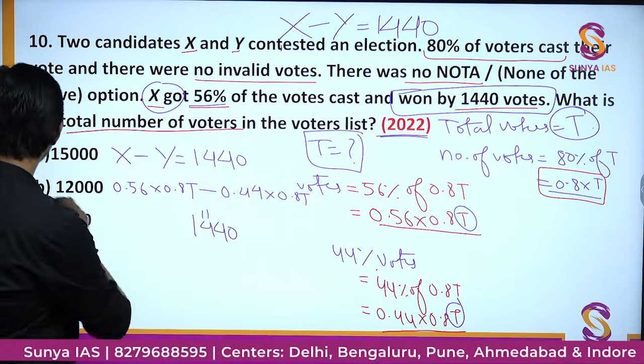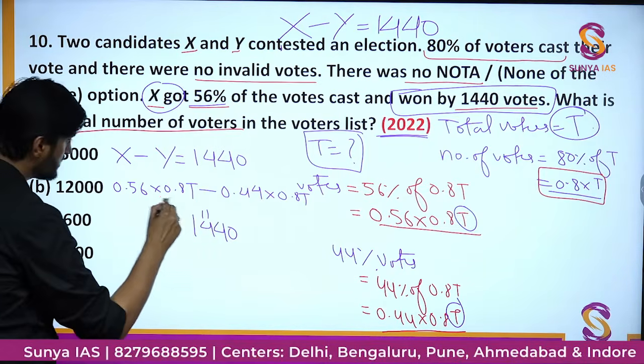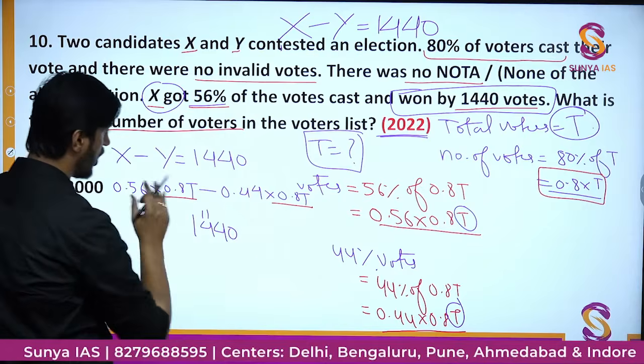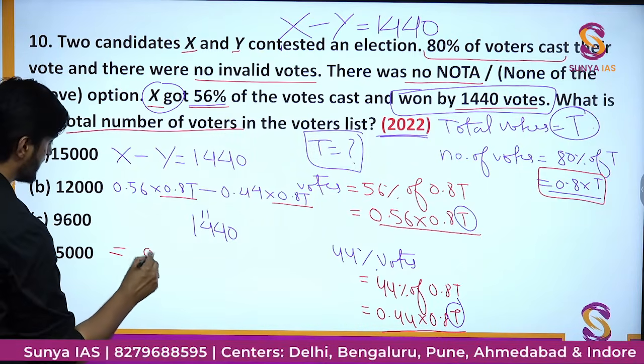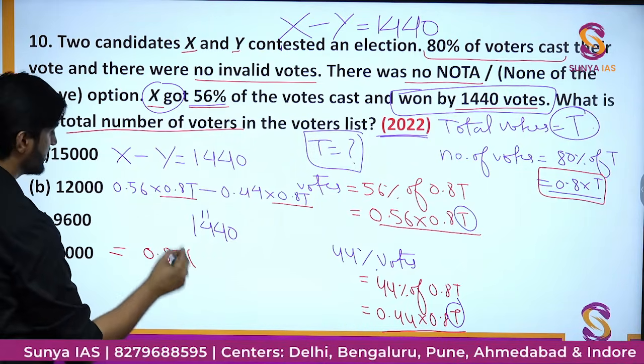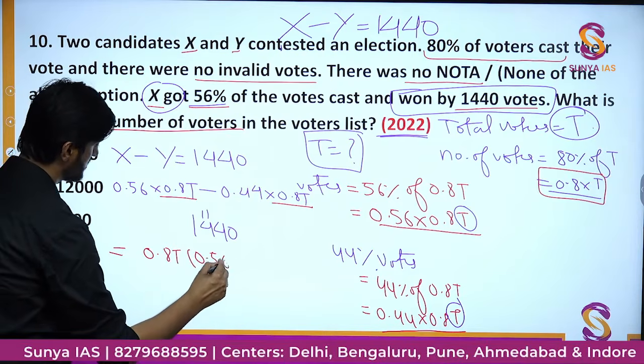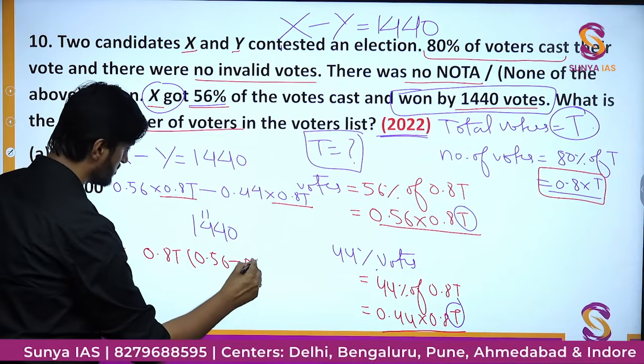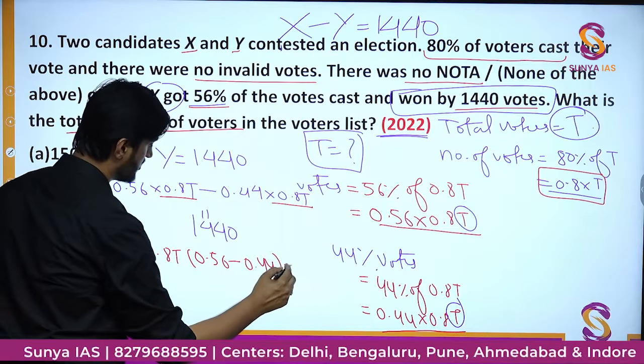What I can do here is that I can take this part and this part common in both. So I'll get 0.8 T common. Here we'll have 0.56 minus 0.44 is equal to 1440.